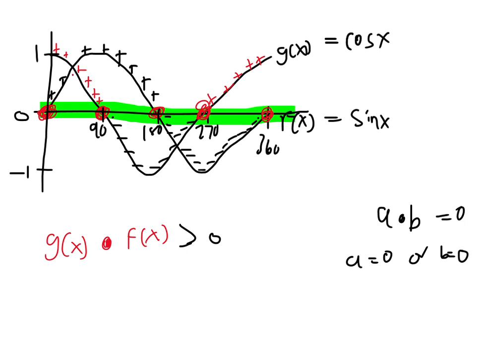So what are those values of x that when we multiply g and f we get positive? So we can get positive in two cases. If we are multiplying a positive times a positive, or we're multiplying a negative times a negative. So let's look for a place where we've got positive times positive or negative times negative.